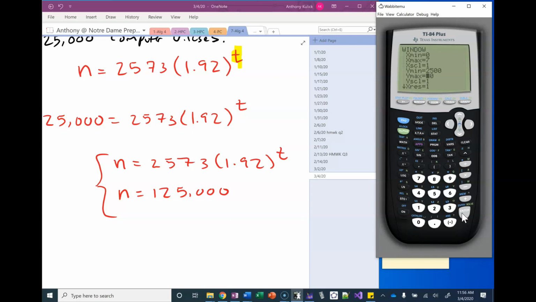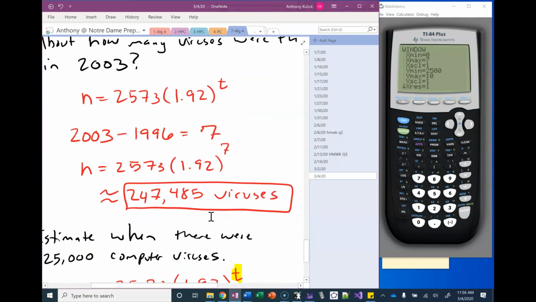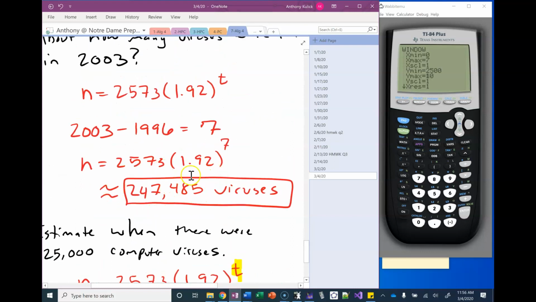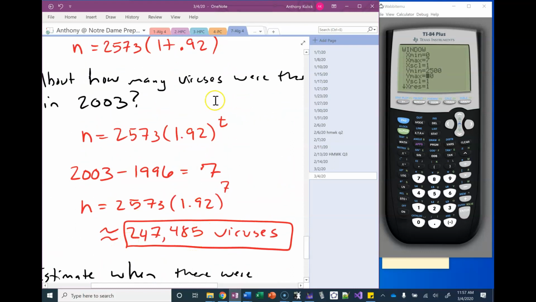Okay. The Y max is the maximum amount of computer viruses. So let's go back and notice what we found in part B. This was the number of viruses after 7 years, right? That'd be the most amount of viruses we could encounter during our model. That makes a good candidate for the Y max.